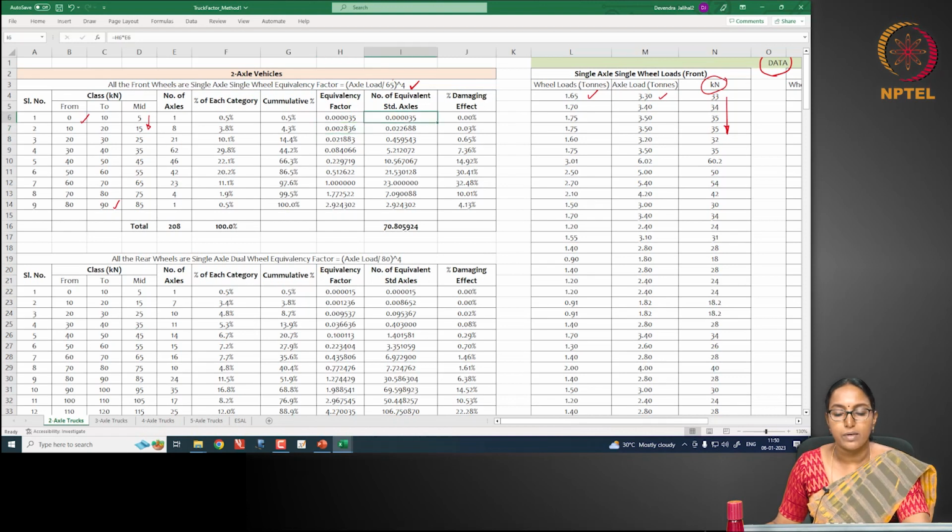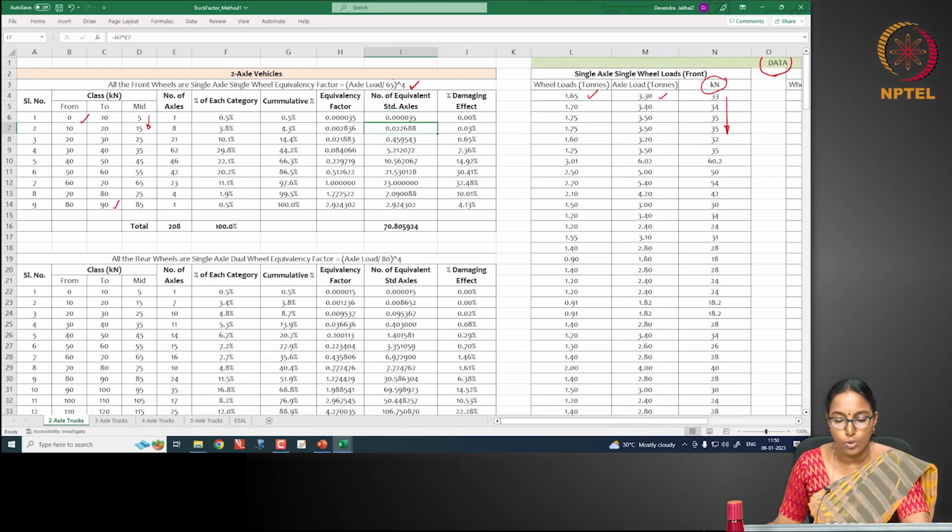Now you have to convert the number of axles in each of these groups to the equivalent standard axles. So how do you do that? You multiply the number of axles in that group with the equivalency factor, so that you will get the total equivalent standard axles in that load group. As you see here, in the first category 0 to 10 kilonewton, you had only one axle. That one axle multiplied by 0.000035, which was the equivalency factor, gives the total number of equivalent standard axles.